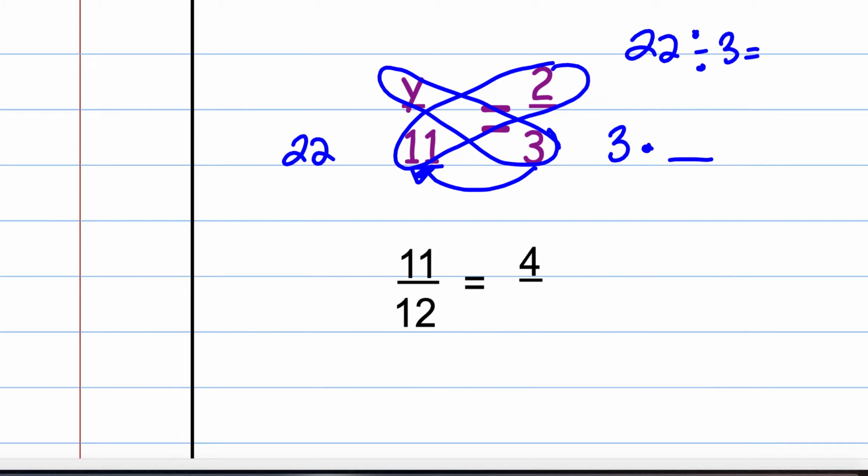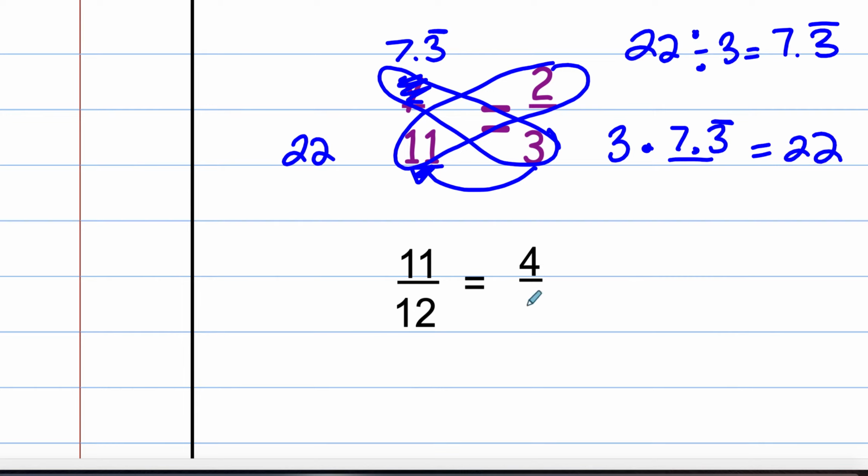Sometimes it's better to write it down, even that division problem, so you remember what you're doing later on. Gives me 7.3 repeating. So this number here is 7.3 repeating. Well, if I put it in this blank, just to check it, I have to have all the 3's there, so leave that on your calculator. Let's times by 3, and I get back to 22, so I know I was right.